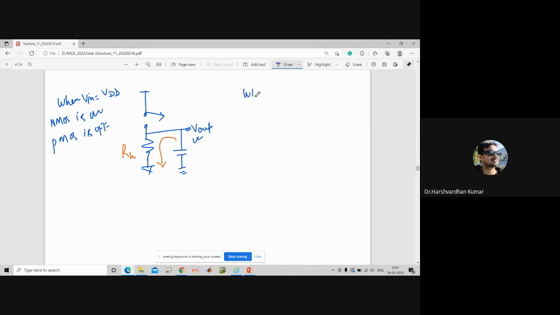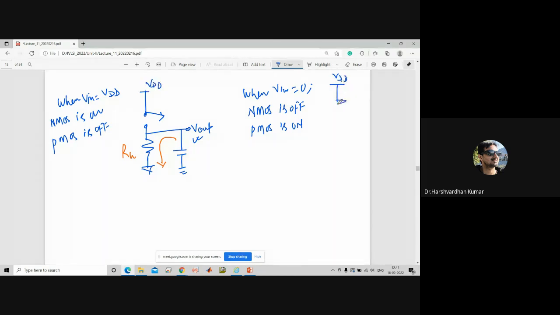Let us say when V in is equal to 0, right? What will happen in this case? NMOS will be off and PMOS is on. Let us say this is VDD, here also VDD.